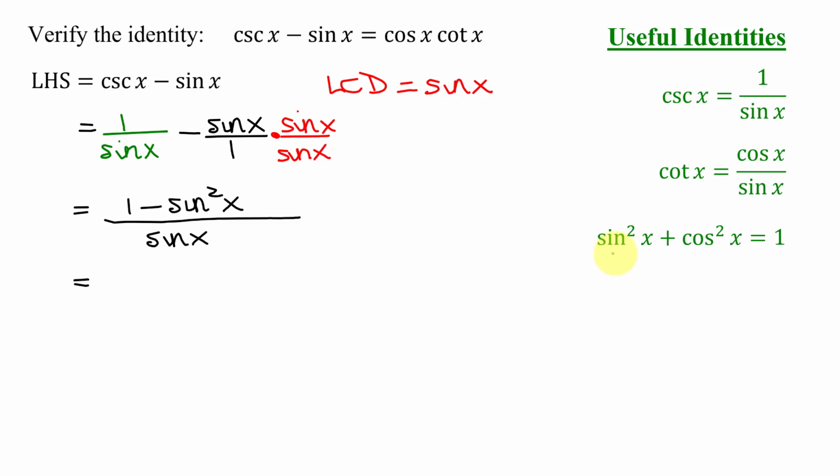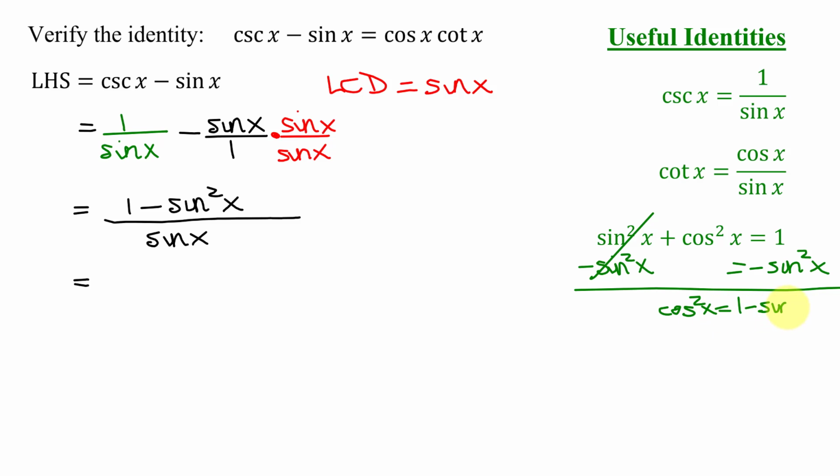Because if I take sine squared x plus cosine squared x equals 1, and I subtract sine squared x from both sides, I get cosine squared x equals 1 minus sine squared x. So now, instead of this 1 minus sine squared x, I can write cosine squared x.